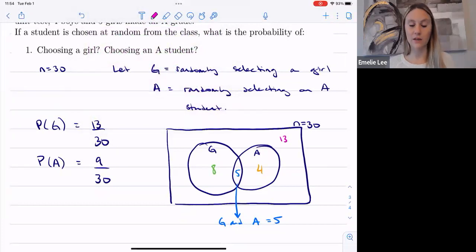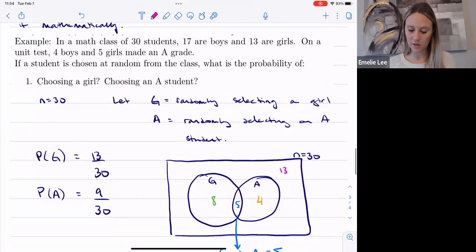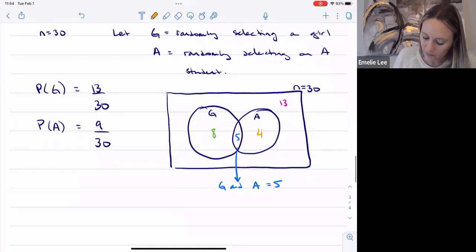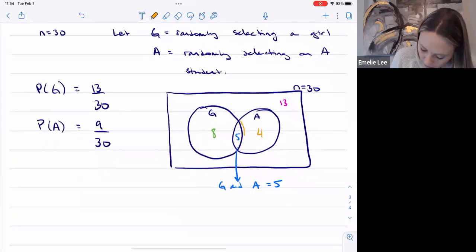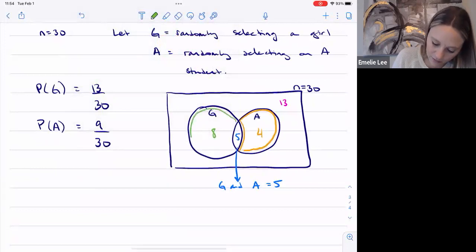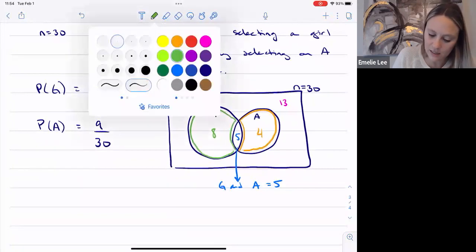So then 13 boys did not get A's, right? And here I just want to highlight that this 4 is for this half moon. So if you send me a question about Venn diagrams, I'll often talk about the half moon. That's why I want to highlight it.